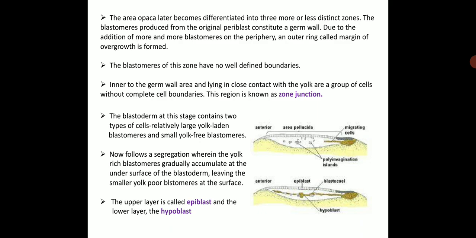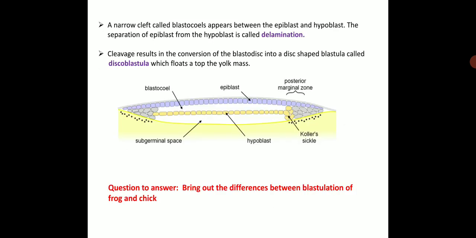Here you can see in the center the blastocele, and the upper part we call the epiblast and the lower layer we call the hypoblast. In this picture you can clearly see a narrow cleft called the blastocele appearing between the epiblast and the hypoblast.